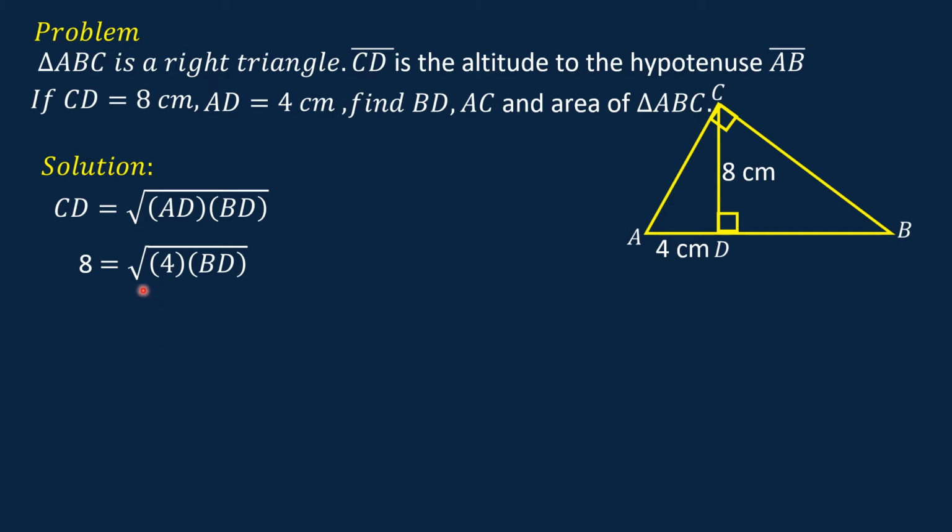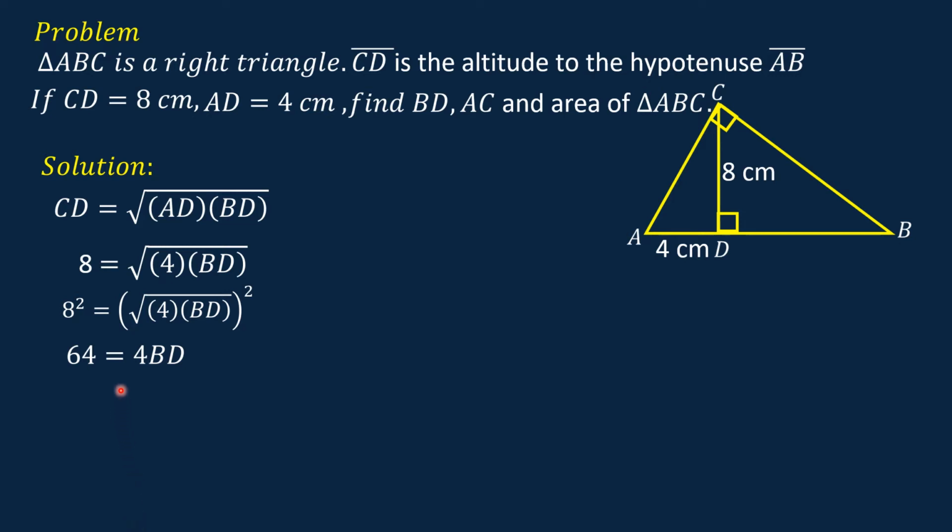We are going to get rid of this square root symbol by squaring both sides of the equation. So we have now 8 squared is equal to the square root of 4 times BD squared. This is now equal to 64 is equal to 4BD.